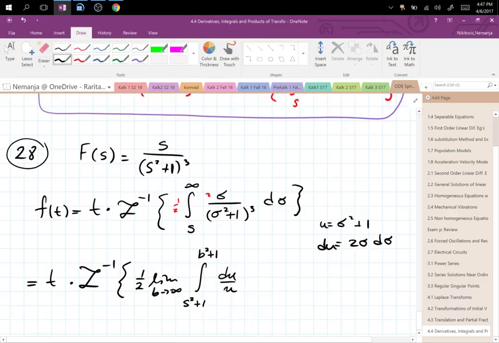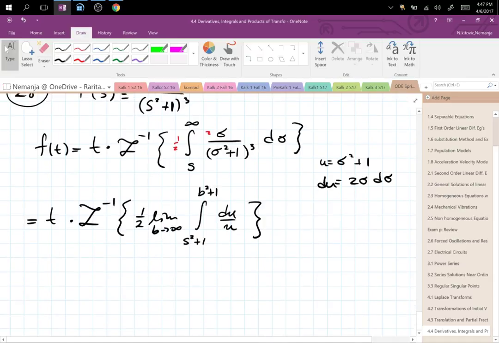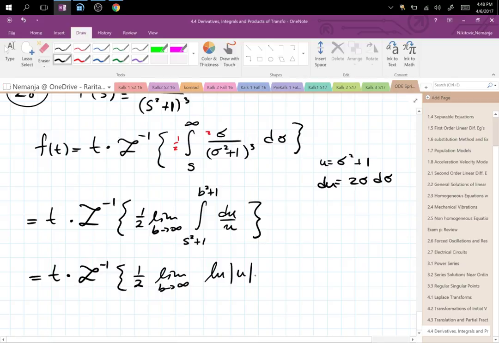Because you use these limits to change that. Nice. So that's equal to t times the inverse Laplace transform of 1/2 limit b goes to infinity, and now that's ln. Isn't u to the third power? Oh yes, it is. Thank you.